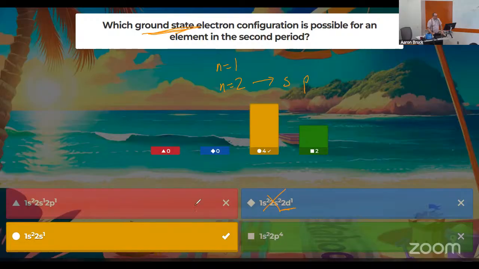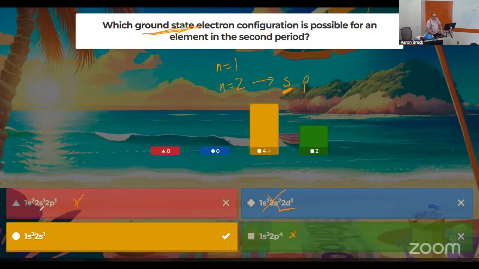And the reason this one and this one don't work is because they would represent excited states, where we would expect that the electrons are going to fill the s sublevel first. And the reason we would expect that is because the s sublevel is of a lower energy than the p sublevel.